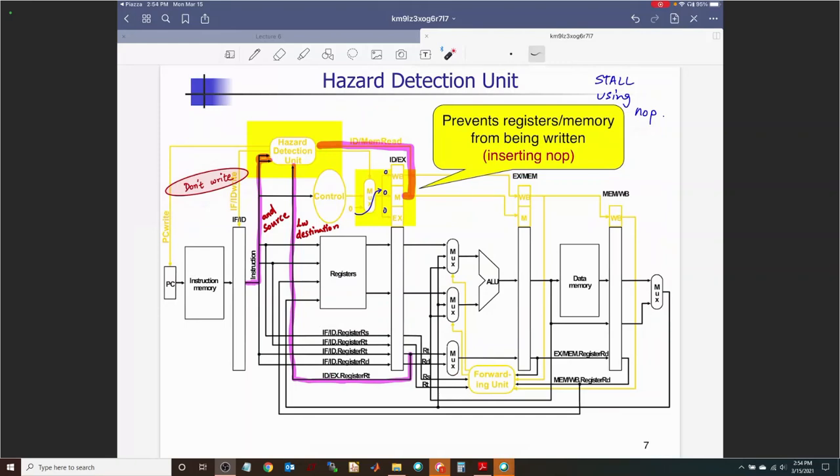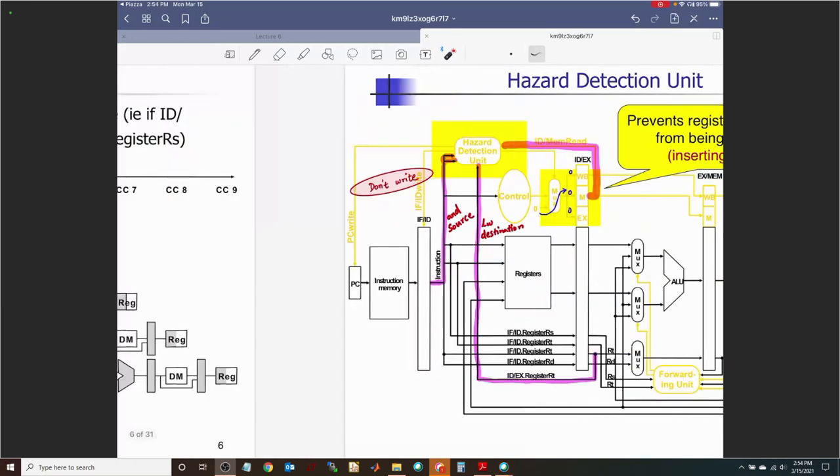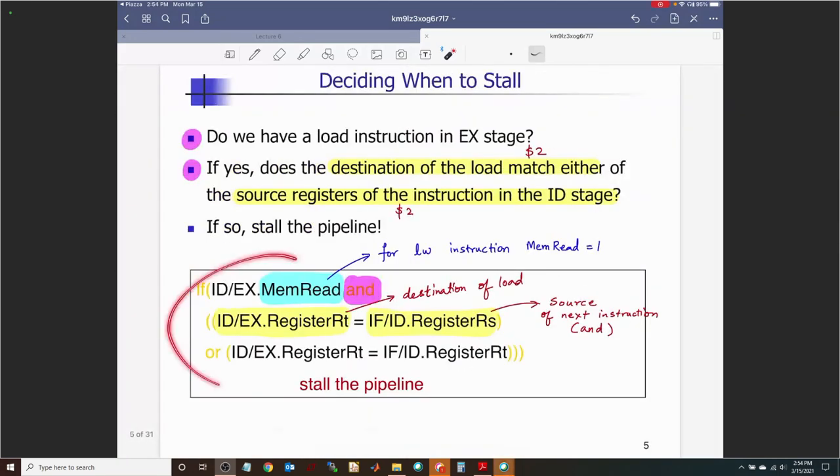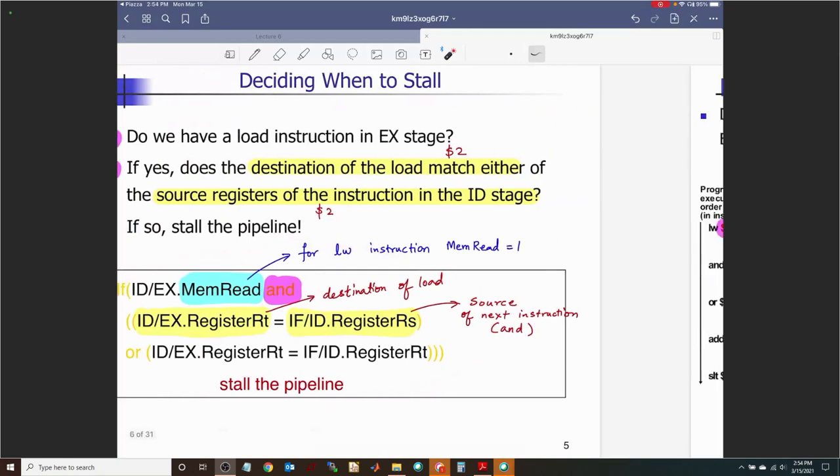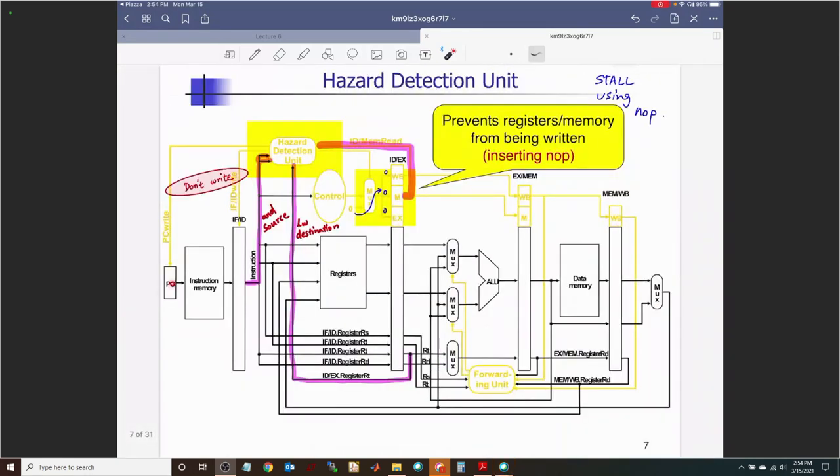It checks for the condition that we listed over here, and if it is satisfied, then it is going to stall the pipeline by not updating the program counter, but instead pushing zeros to all the control lines.